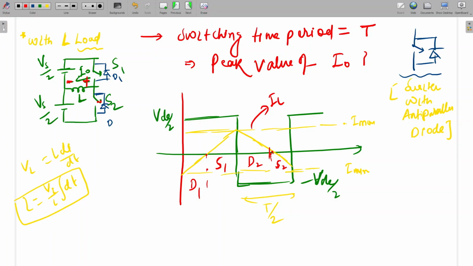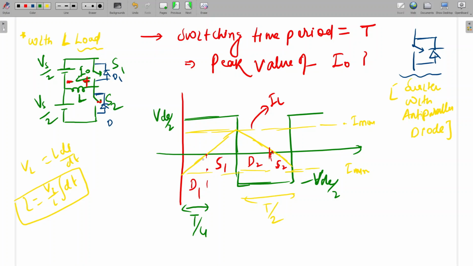Okay. So here we can calculate the peak value of this current. This was asked in one GATE question. Let this be T by what? T by 4. Here to here it is T by 2. So we can apply the slope rule. What will be the slope of this curve?